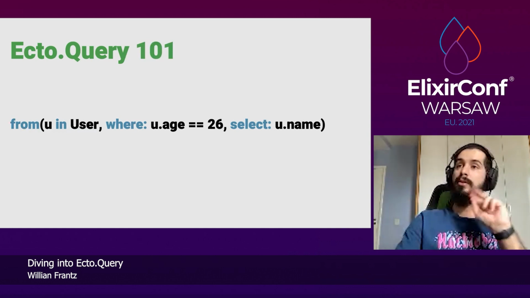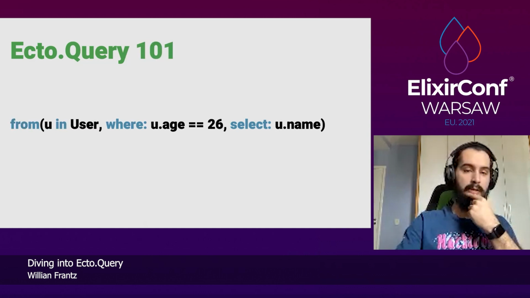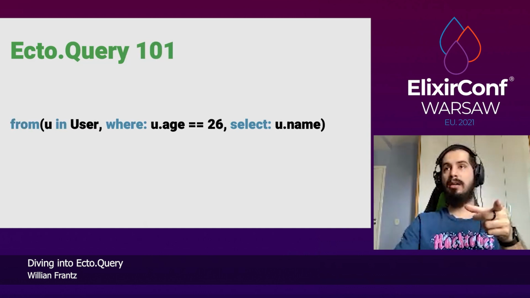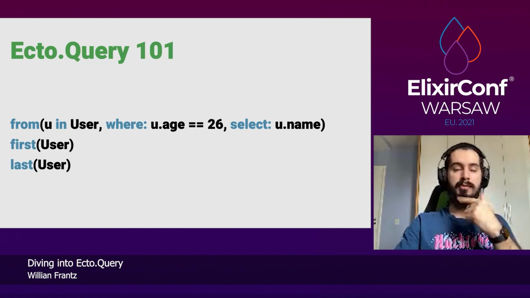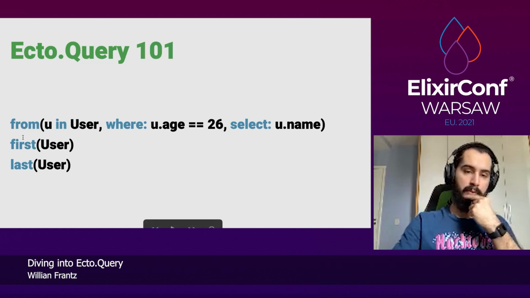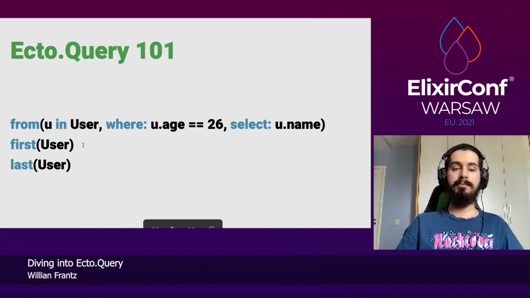And there are other two functionalities inside Ecto.Query that we could use the same way as we use from. We have first and we have last. The first, for example, will bring the first user from the database.